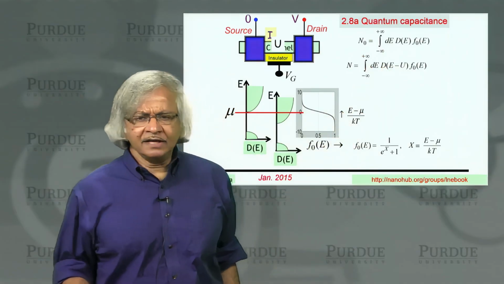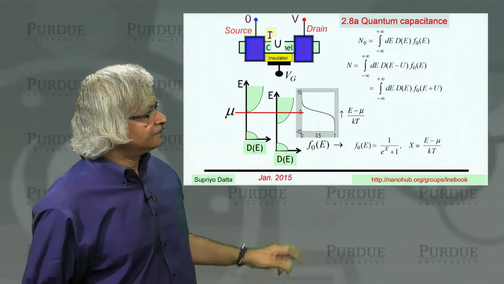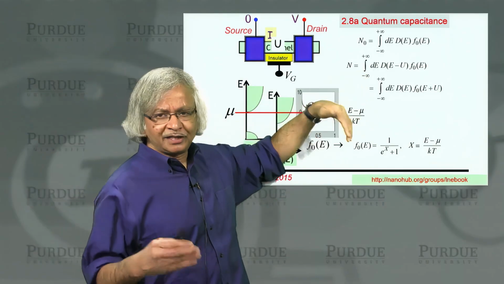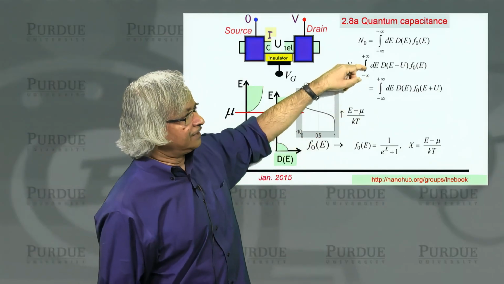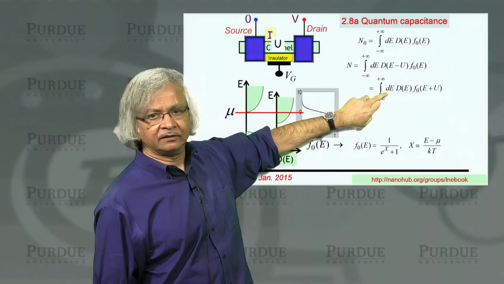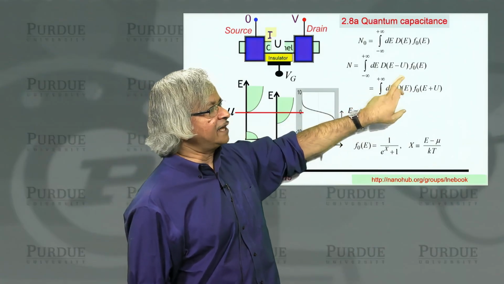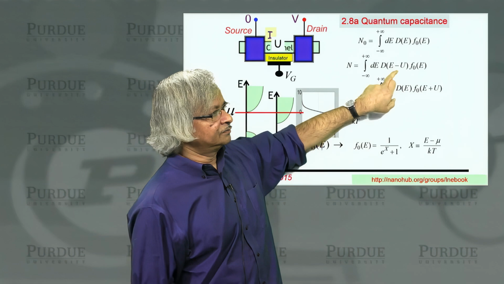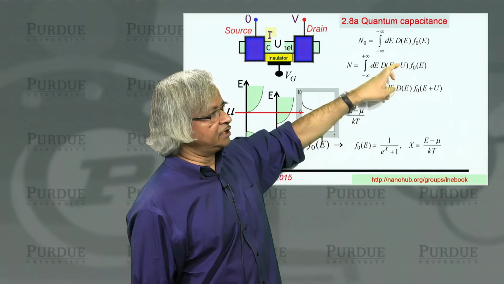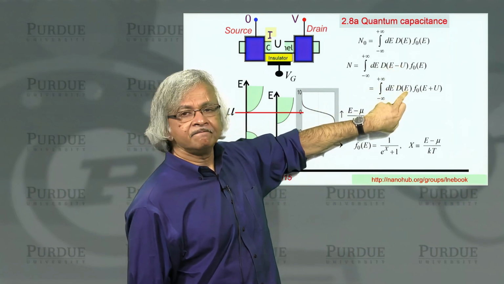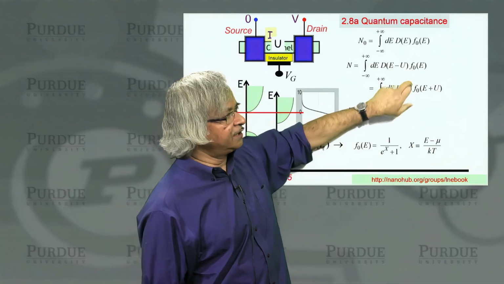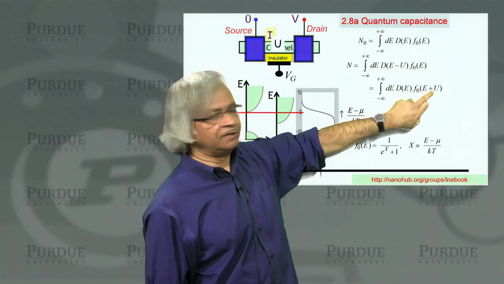Now, what you could do is a little bit of algebra, what you call a transformation of variable, to turn that integral into this one. You see, what we have done is the E here actually stands for E minus U. So whatever was E minus U here, we have replaced with an E. And correspondingly, what was E here has become E plus U. Right?